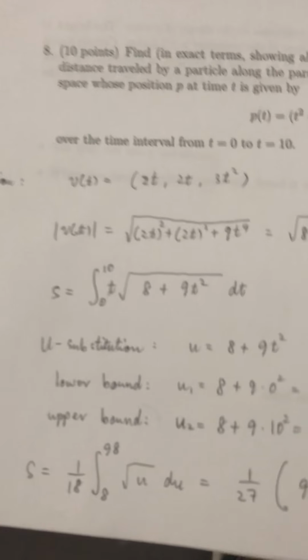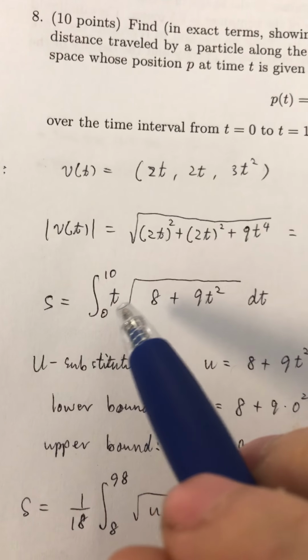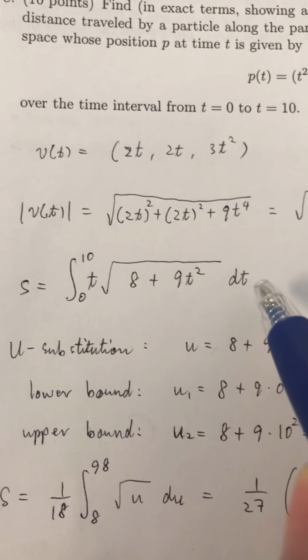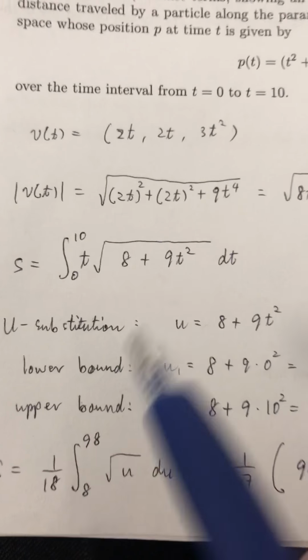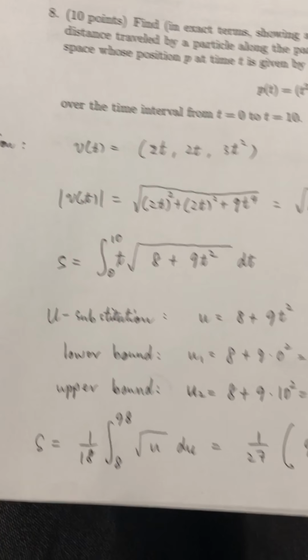All right, and so the integral is t times the square root of 8 plus 9t squared from 0 to 10. For this kind of integral, you need to use a u substitution.